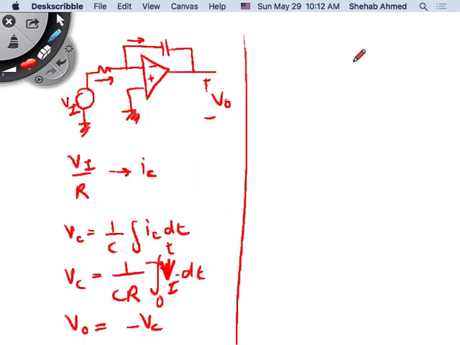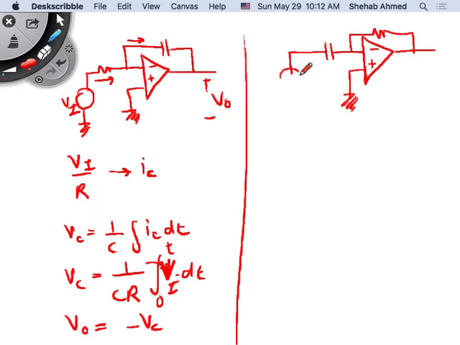So if I flip the place of the capacitor and the resistor, this is VI, ground, the output. Again, I have feedback.